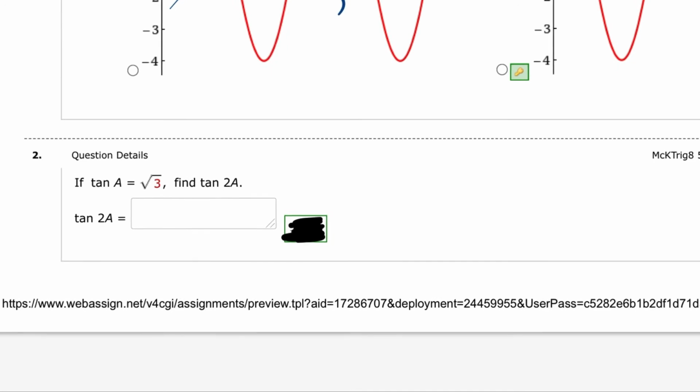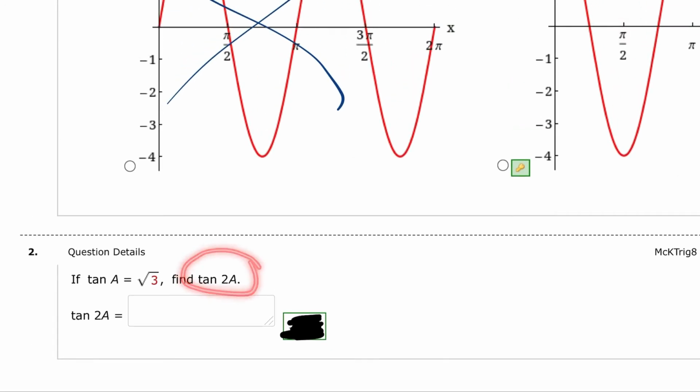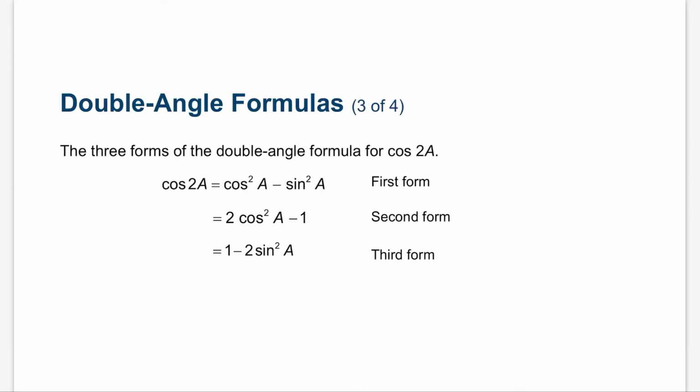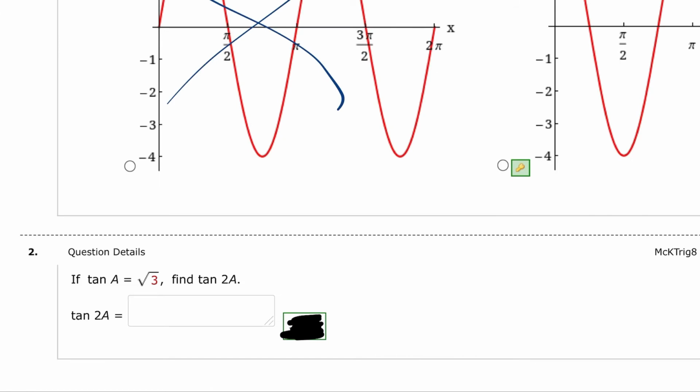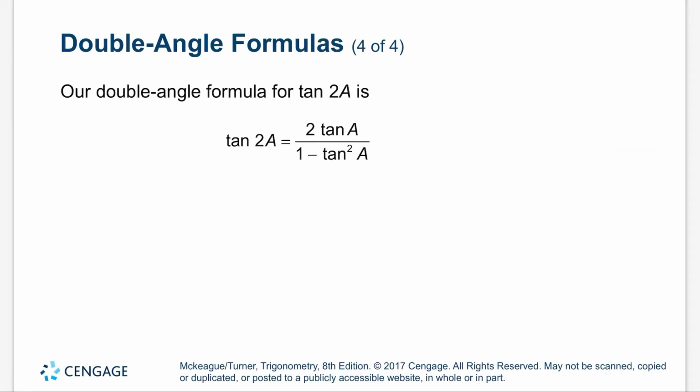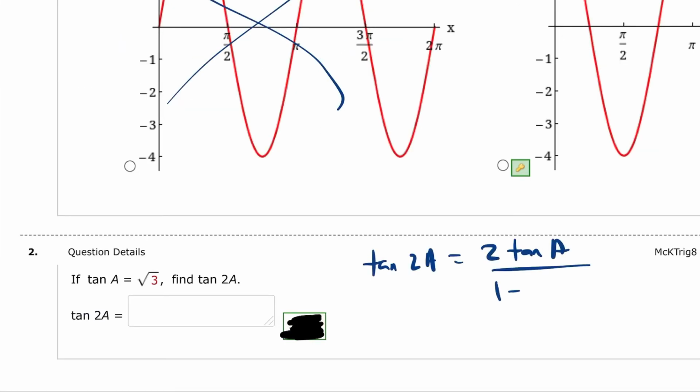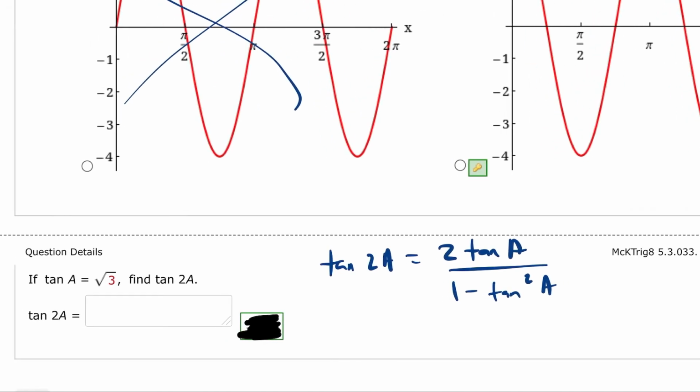All right, this one, they want us to find tangent of 2a. Well, let's go back to our formula. Here's the tangent double angle formula, 2 tan over 1 minus tan squared. All right, and they tell you what tangent of a is.